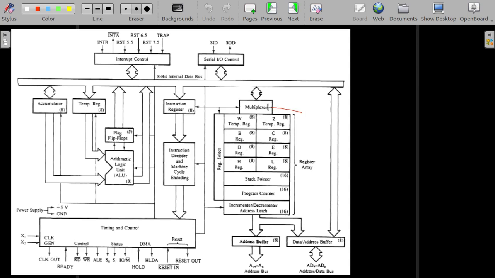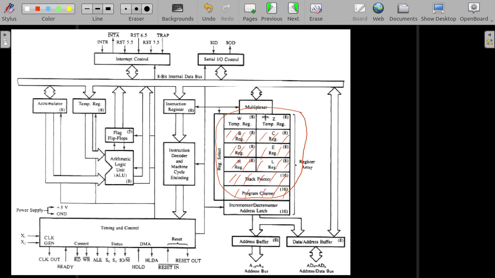We discussed the registers: B, C, D, E, H, L, stack pointer and program counter, right?